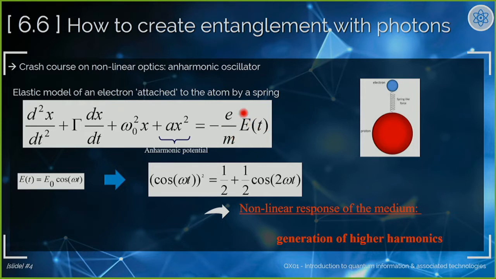If you drive it with an electric field, so you send an electric field to your crystal, this is going to interact with the electron, and the electron is going to move, and its motion is going to follow that equation, where we have the acceleration part, the damping part where the electron eventually will stop, the harmonic oscillator part, and the driving part, so it's the incoming light that moves the electrons.